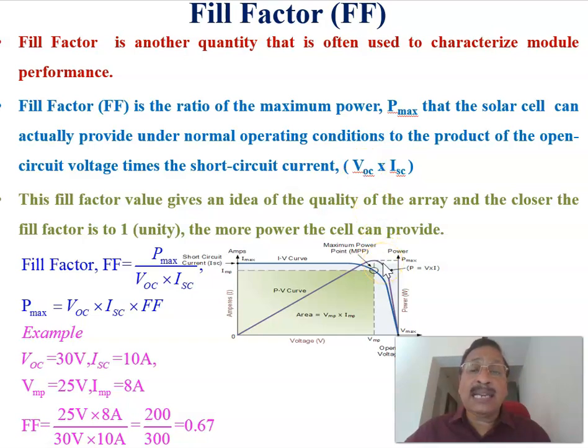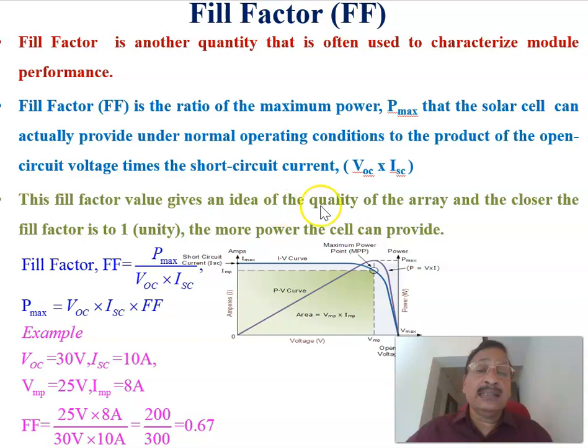That is, Pmax divided by the product of VOC, the open circuit voltage, and ISC, the short circuit current. Therefore, Pmax divided by VOC into ISC.